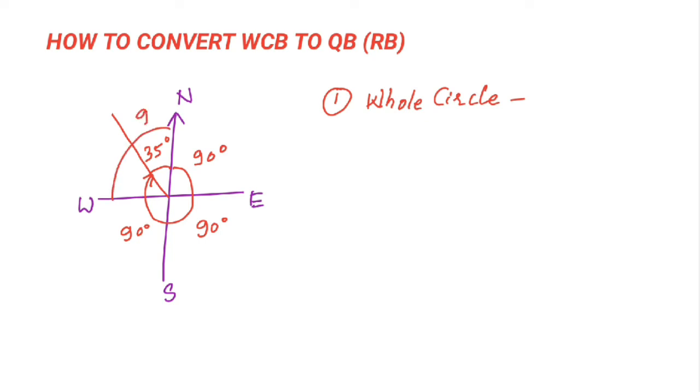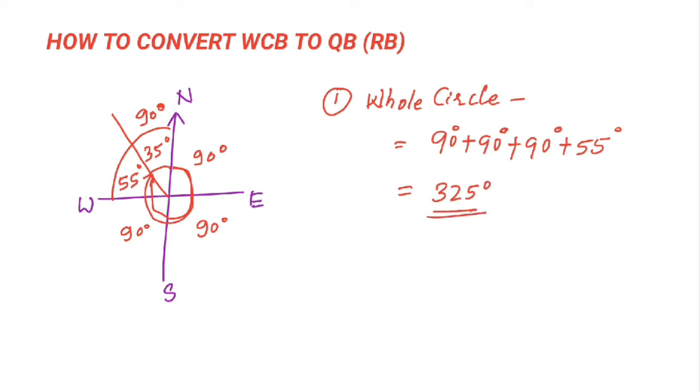From here to here it is 90 degree. 90 minus 35 is equal to 55 degree. So that means in whole circle bearing, from north to this line is how much? 90 degree plus 90 degree plus 90 degree plus 55. It is equal to 325 degree. It is in whole circle bearing system.